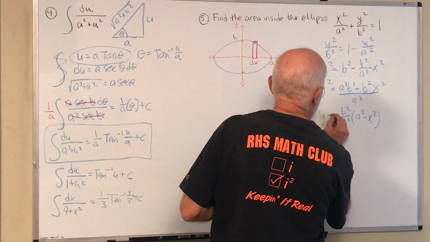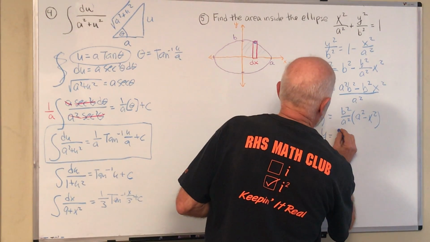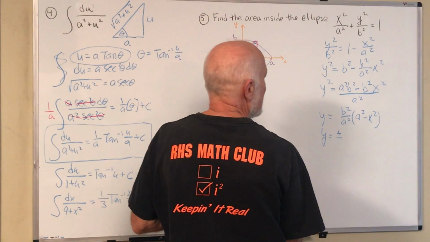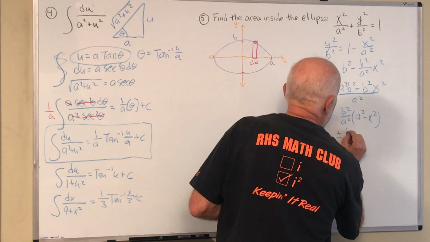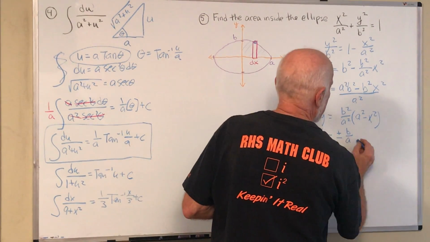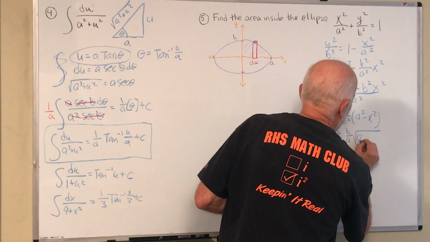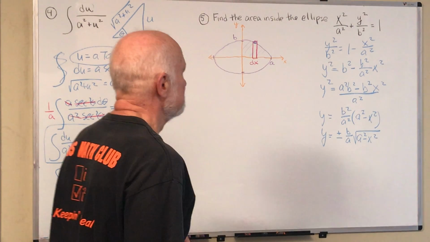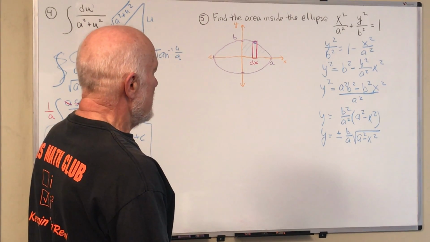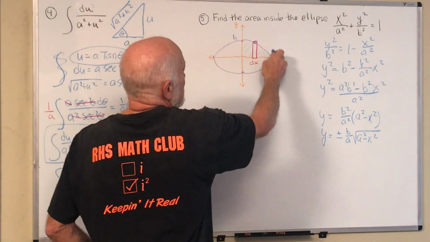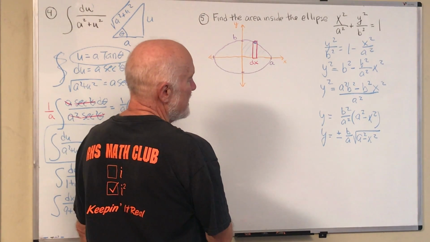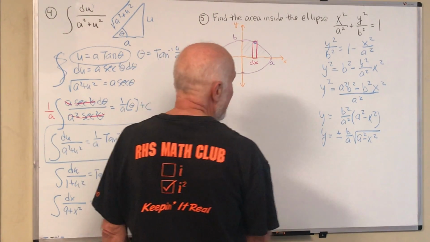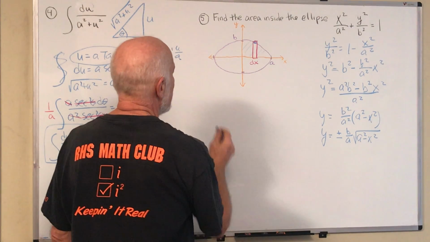When you solve for y, you're going to get plus or minus the square root of this. So it's going to be b over a, the square root of a squared minus x squared. But we're only looking at the positive part up here, so that is going to be the height.